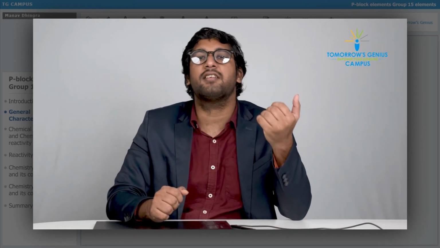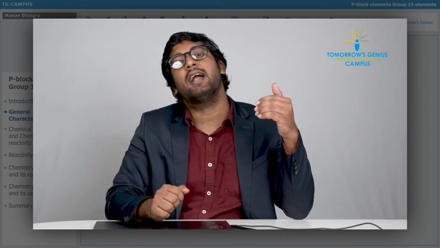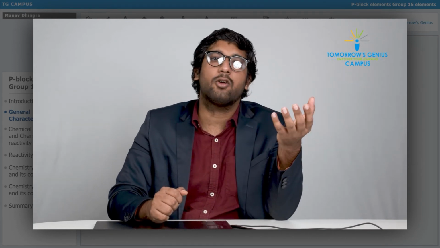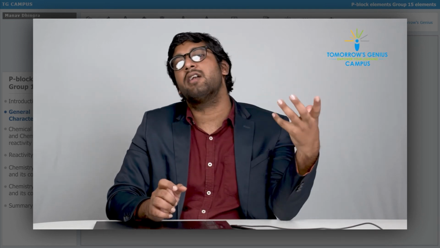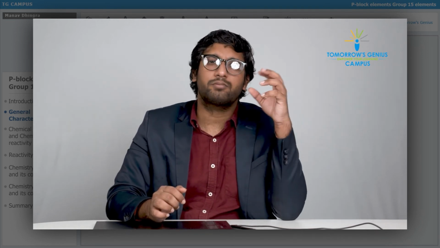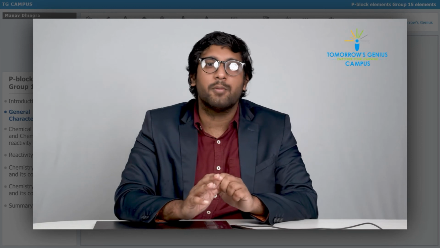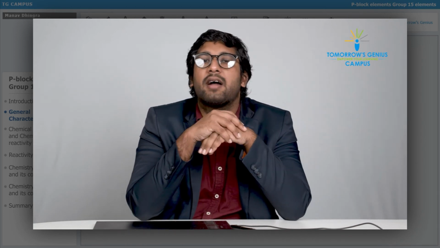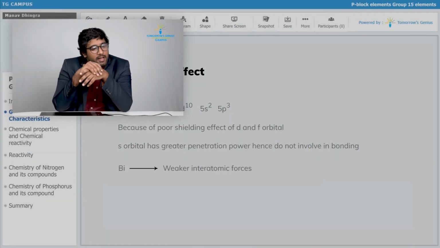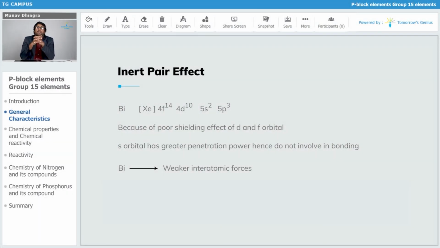So the effective nuclear charge experienced by the 6s2 electrons is so high that rather than showing the higher oxidation state, they remain inert, and the maximum oxidation state is 2 less than the group oxidation state. So bismuth also does that, if you remember.